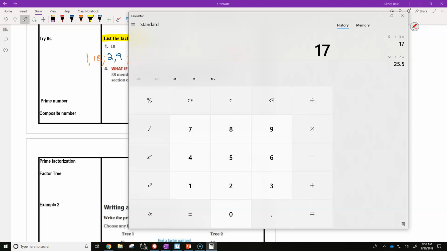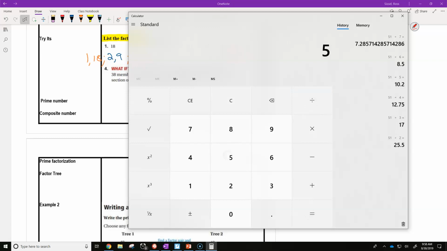There's my 17. So 3 and 17 are factors. 51 divided by 4. No. 51 divided by 5. No. 51 divided by 6. 8.5. 51 divided by 7.